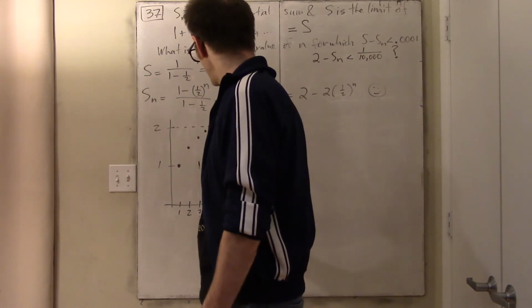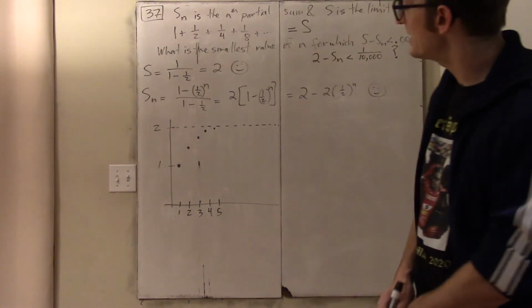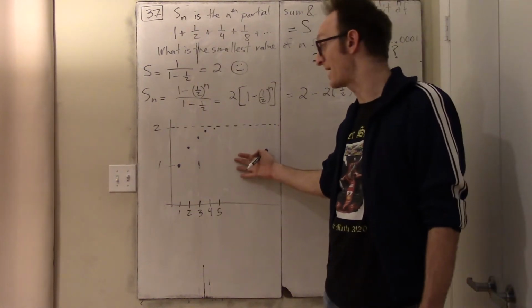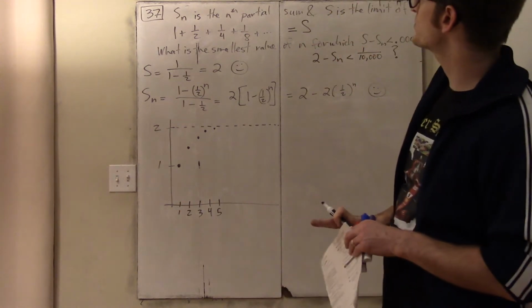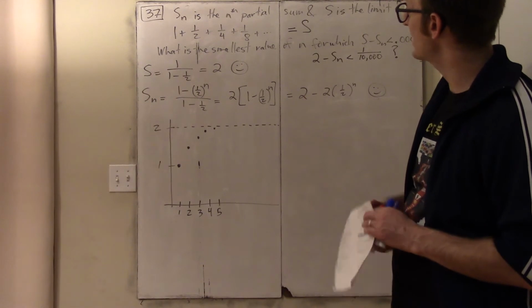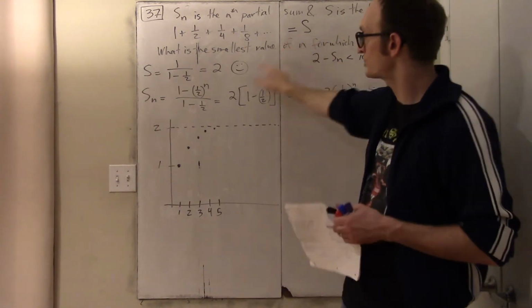And the actual claim that is being made here is that this is a plot of the partial sums, after all. What we are really claiming here is that this series converges to 2.